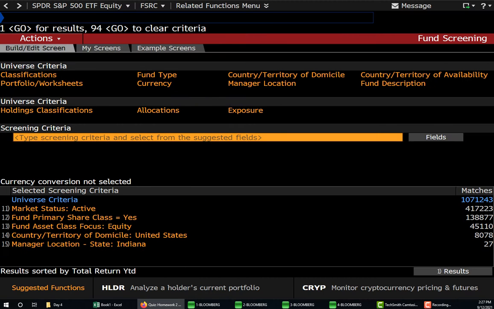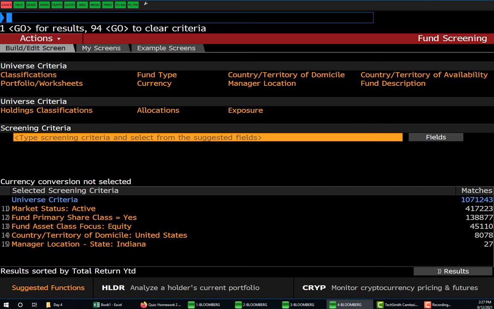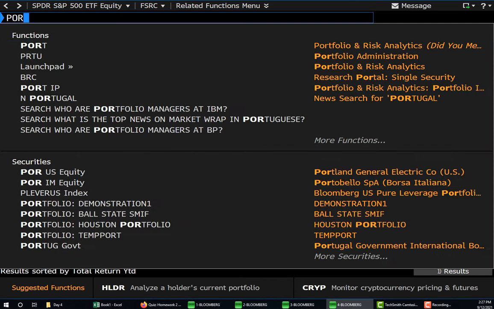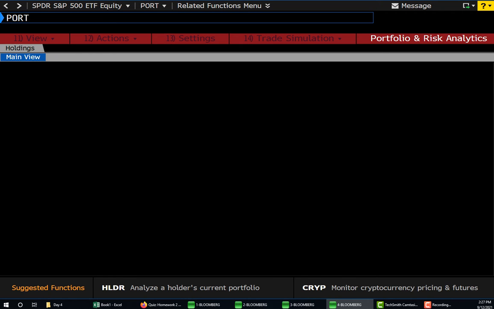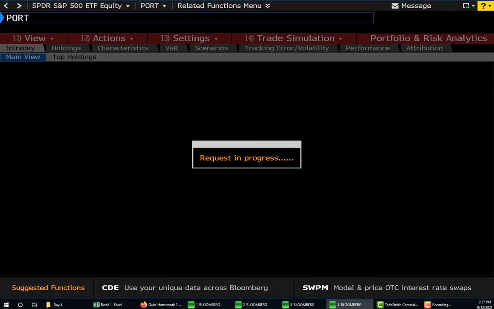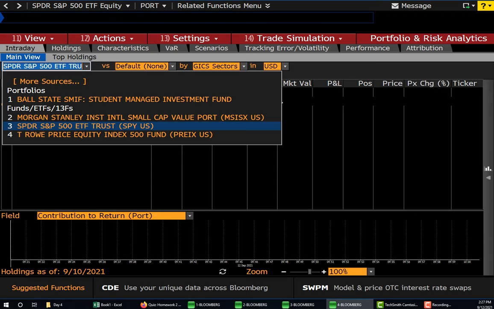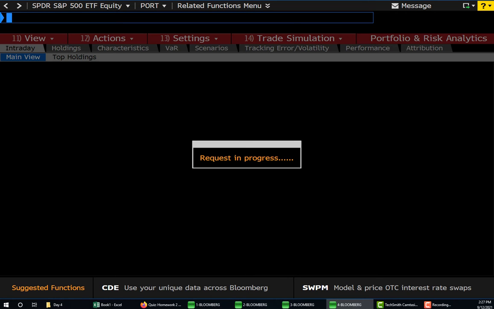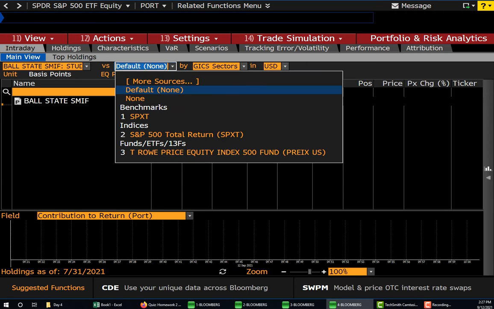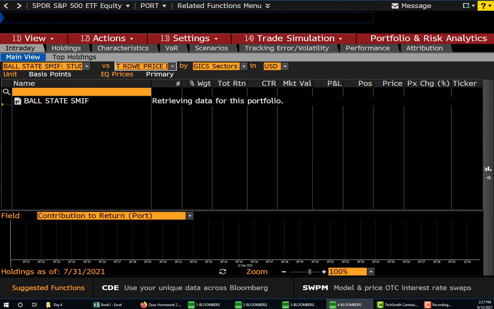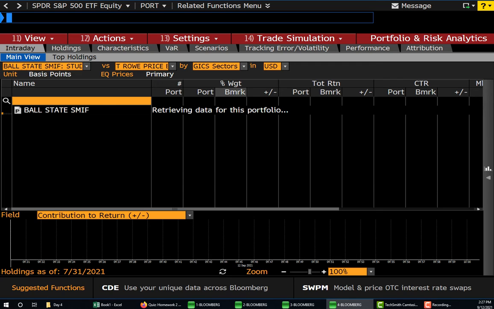So what we can do is go over to the PORT function. Since we've already created our portfolio, I'm going to make sure that our Smith is our portfolio in question, and then we'll load our PRX as our benchmark.